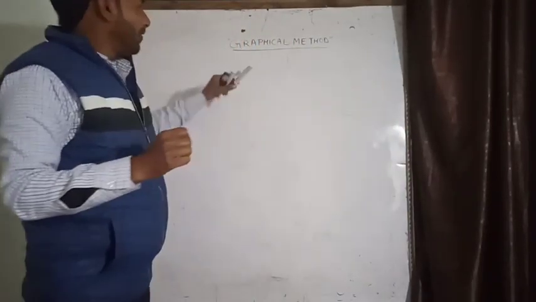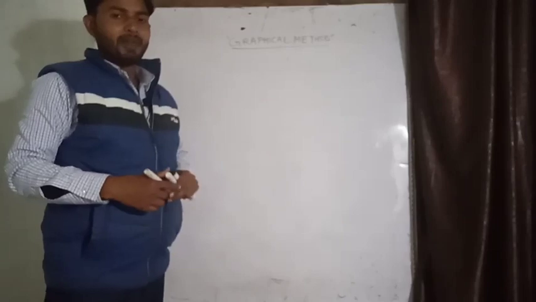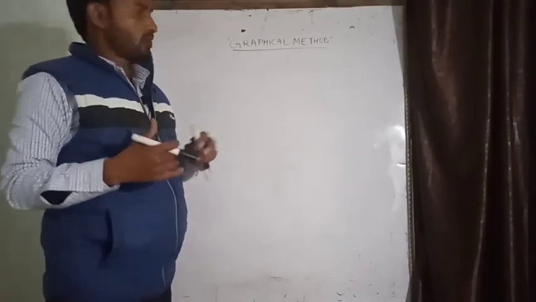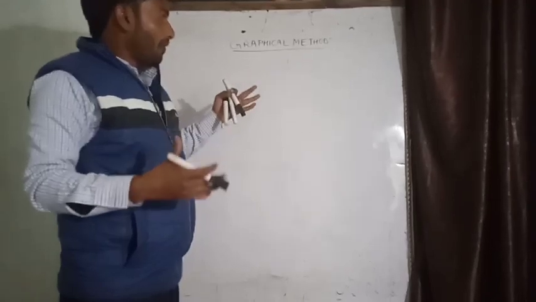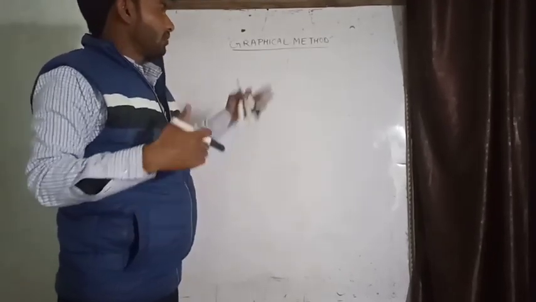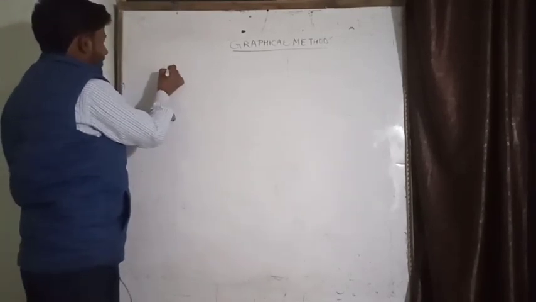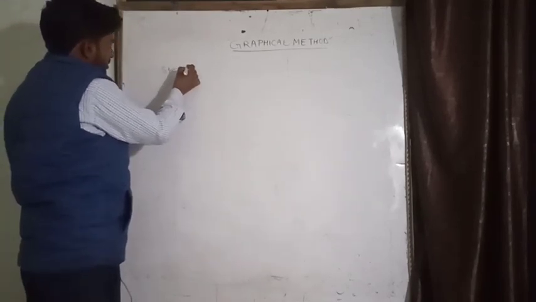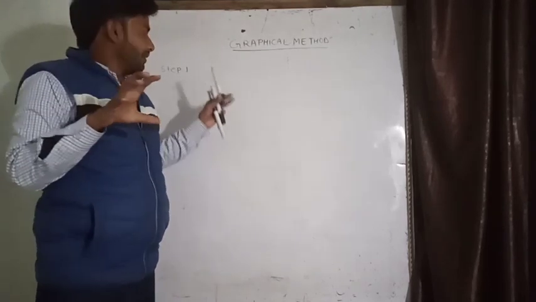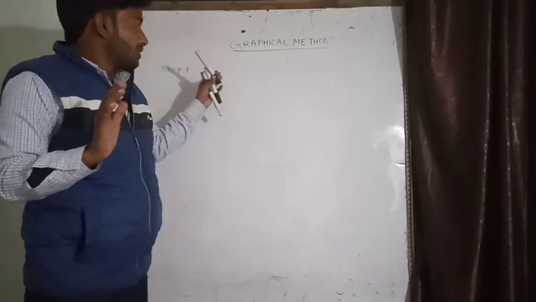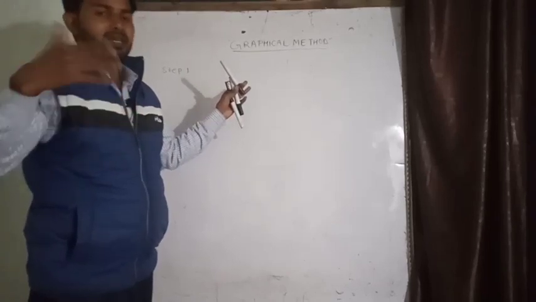Now we will start the graphical method. There are some steps which are used to solve any problem by the graphical method. Step first: in step first, we will convert the constraints into equations.